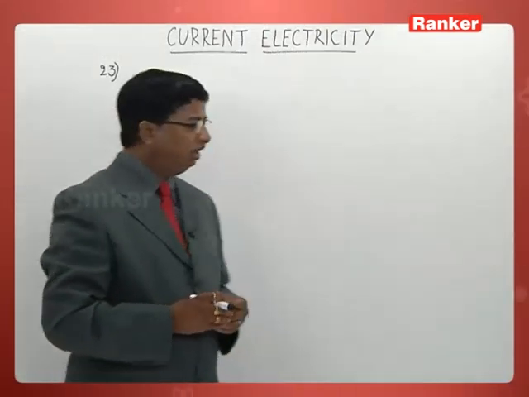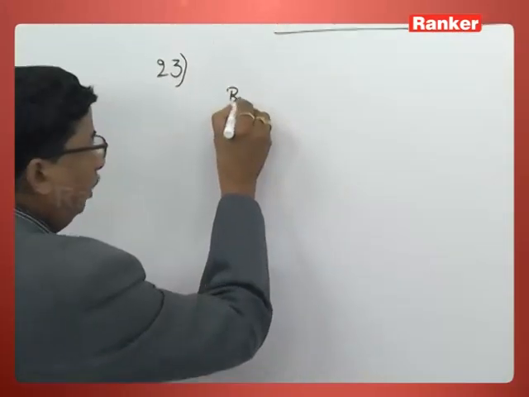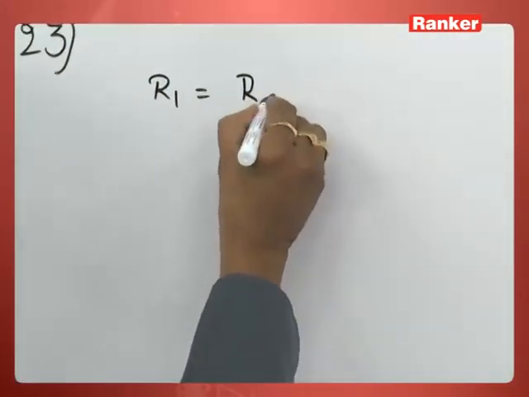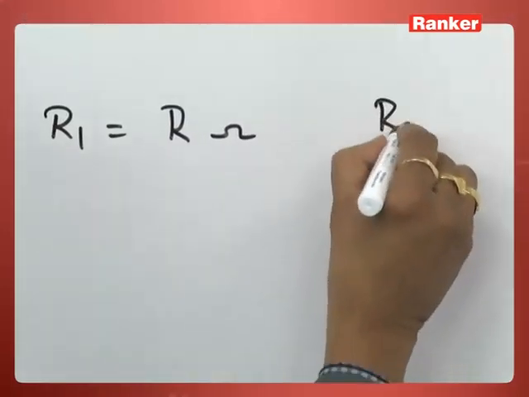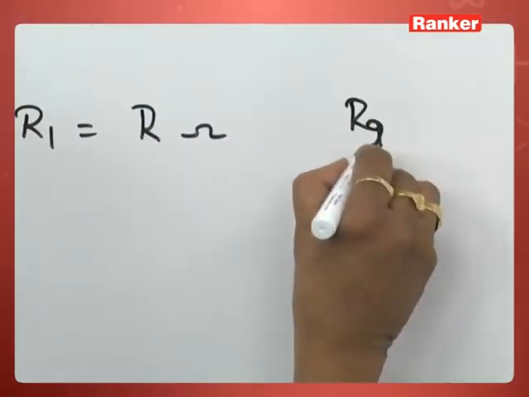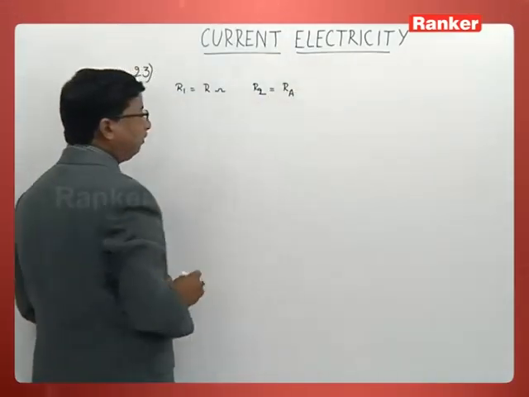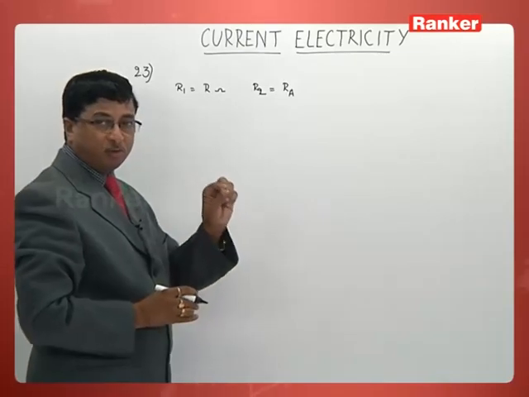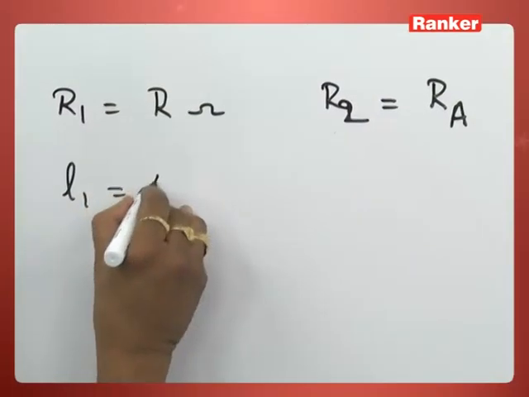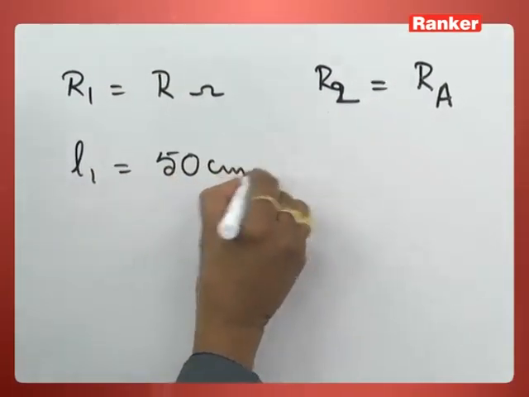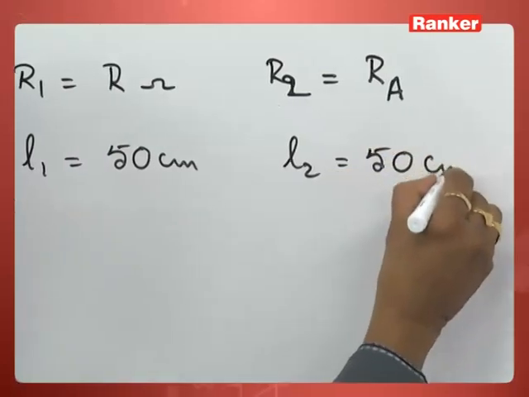How come? Let us check this way. The left hand side gap is filled with a resistance of R ohm. That's what has been given. The right hand side gap, you write that resistance as RA, the resistance of A, the first wire. Of course, when L1 is given as 50 centimeter, it is understood L2 also will be 50 centimeter.